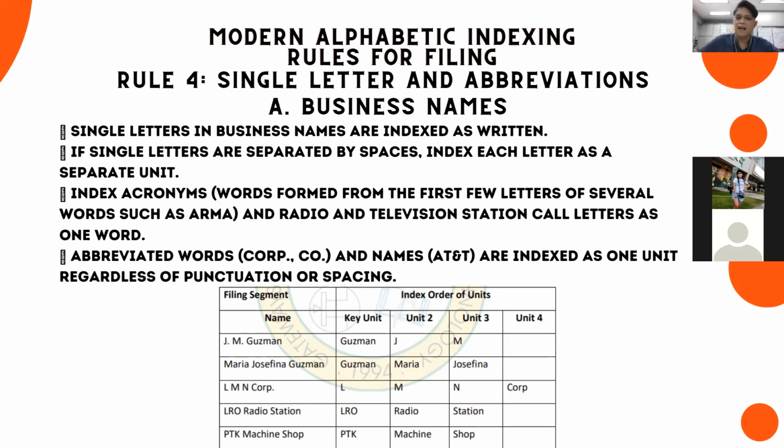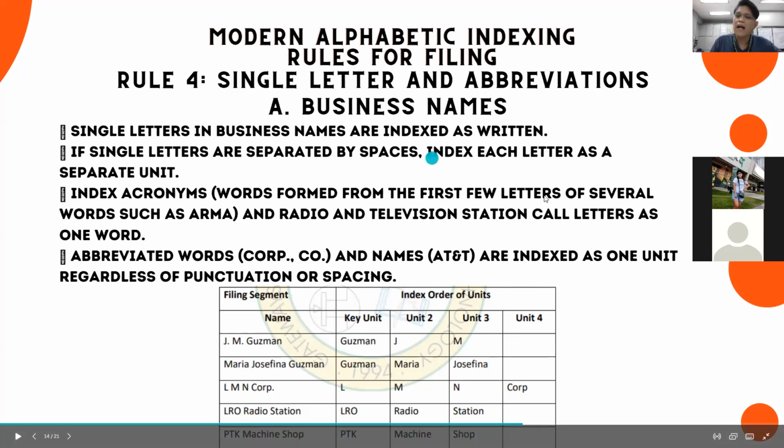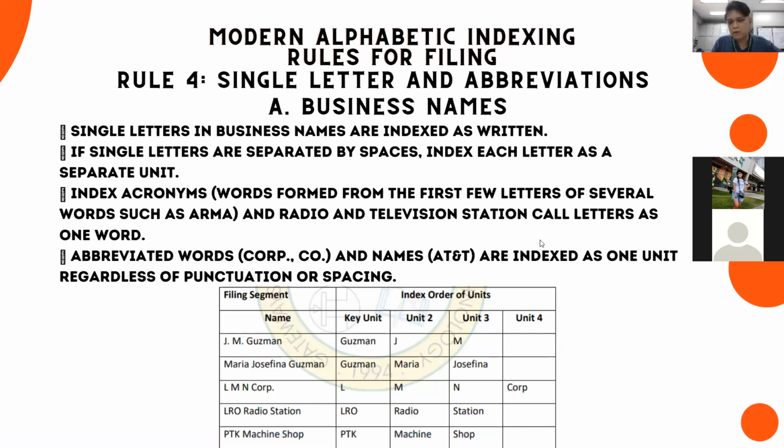And the last unit is the abbreviation of words of a company, whether it's corporation, incorporated, or LTD, which is limited partnership or corporation. It is placed in unit 4. It is quite difficult for startup business names when you are filing or indexing a file, but this is not applicable to every business.